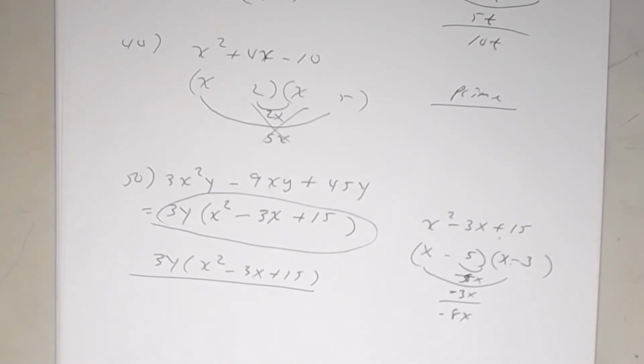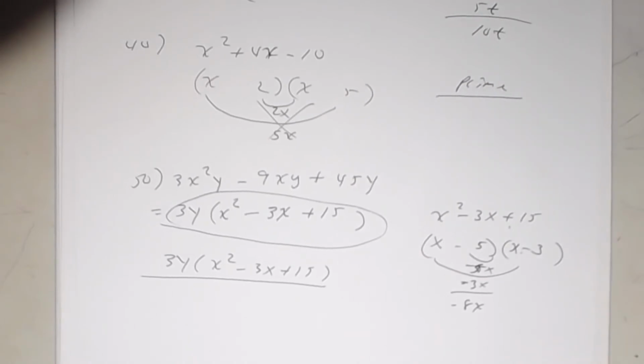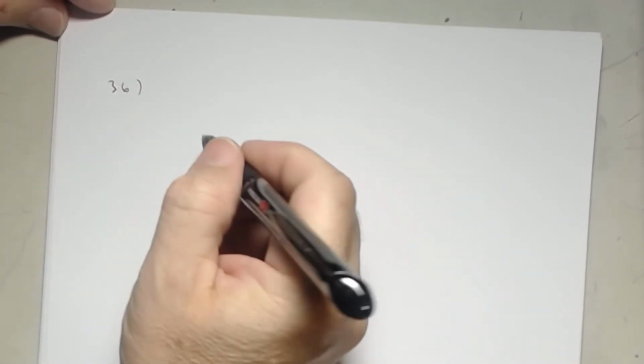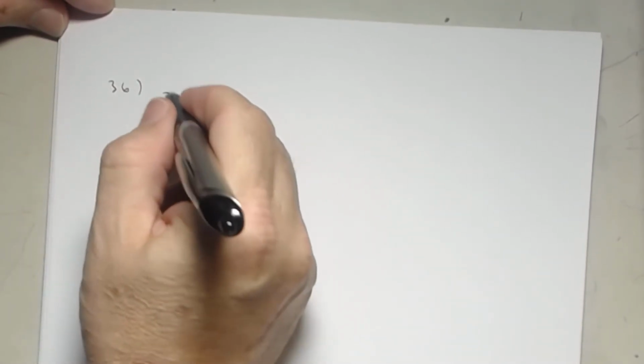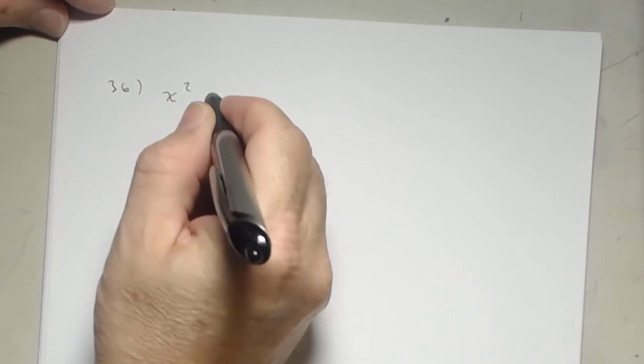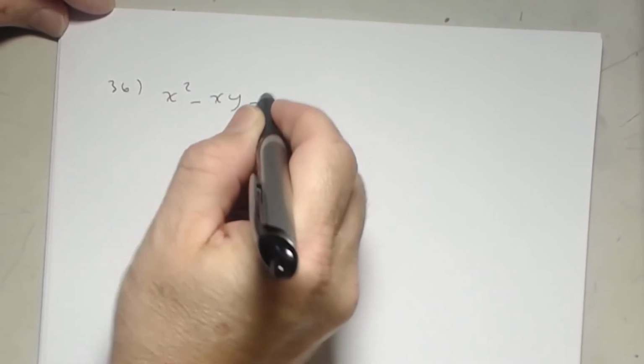All right, then let's look at number 36. You have x squared minus xy minus 6y squared.